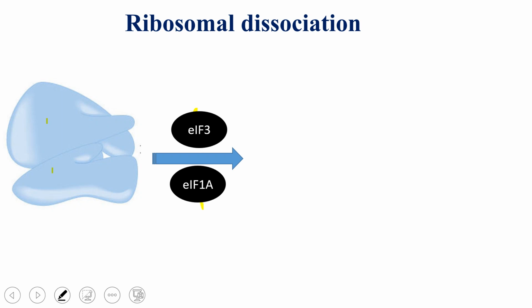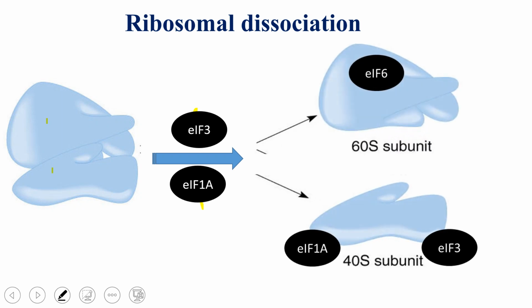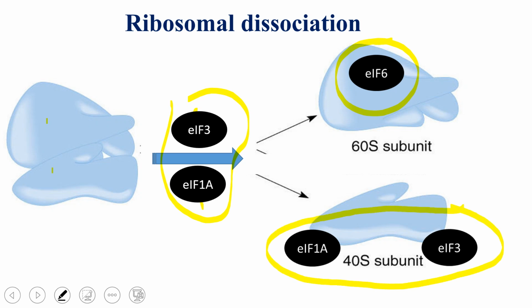These two are called anti-association factors. These two factors dissociate 60S and 40S. 60S is going to combine with initiation factor IF6, whereas these two anti-association factors associate with the 40S ribosome.